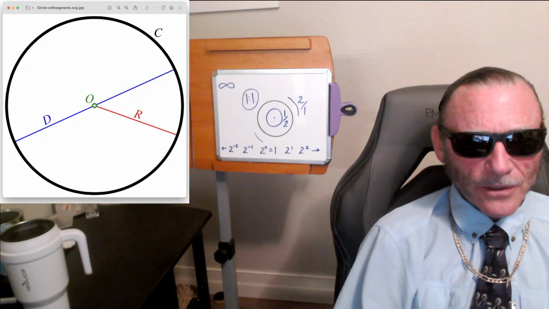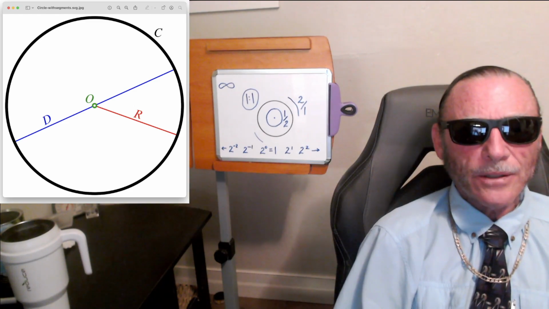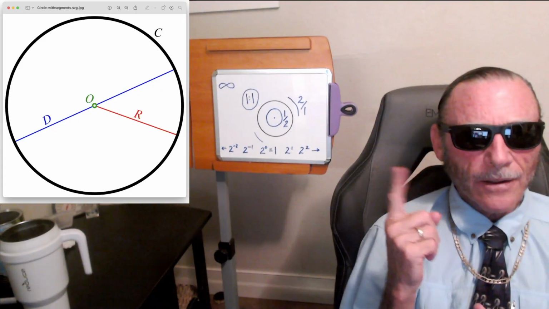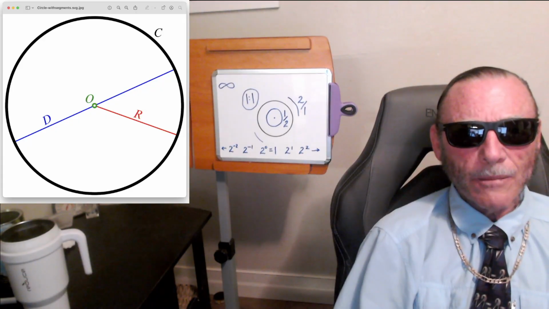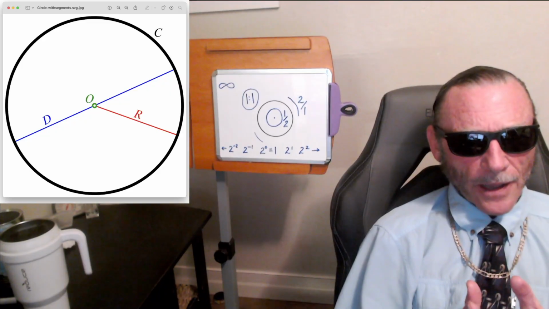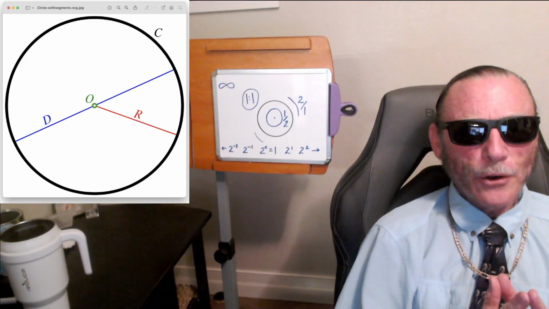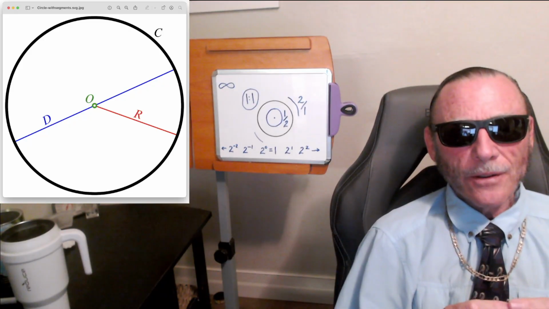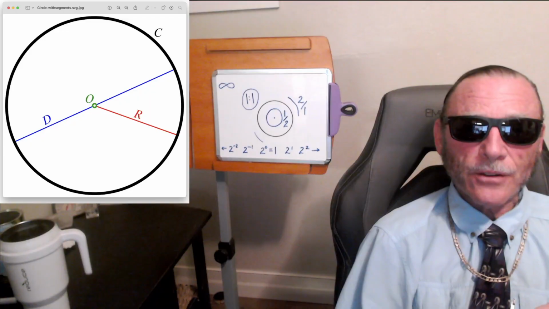You may be starting to get a little bit, there may be a little flag waving. Is that the same point? Don't answer that. I just want you to know what we're approaching. That point is defined as the center of a circle.